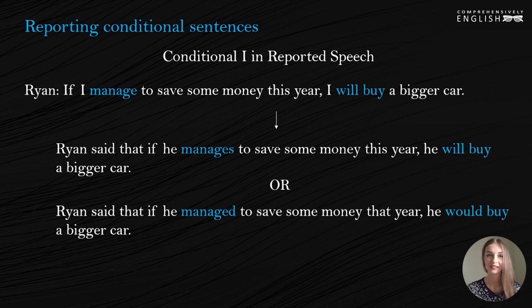Obviously, we see that the year that Ryan is talking about has already ended in the second case. So if you say Ryan said that if he managed to save some money that year, he would buy a bigger car, your interlocutor understands that you are talking about a situation that is already in the past.